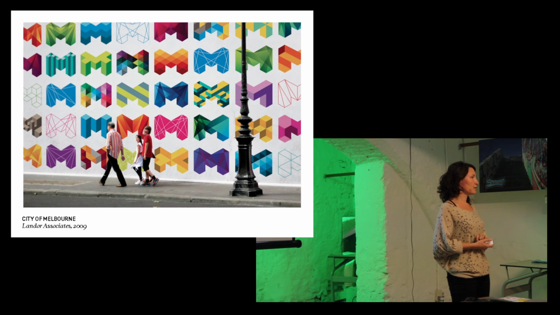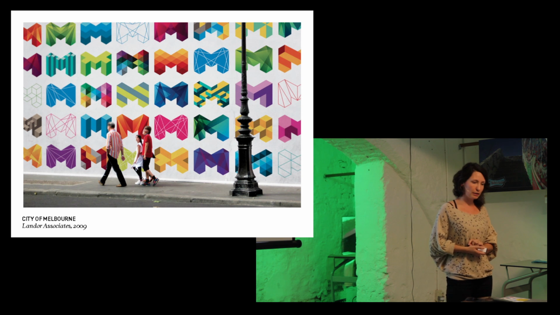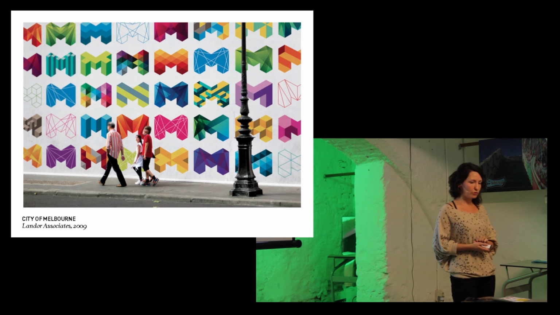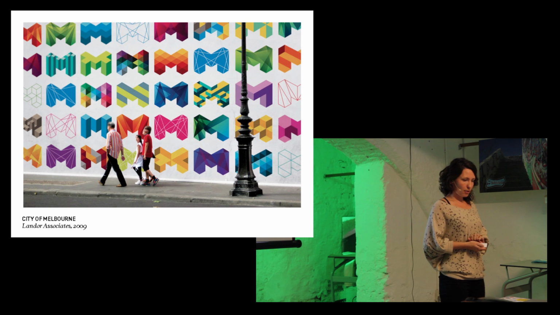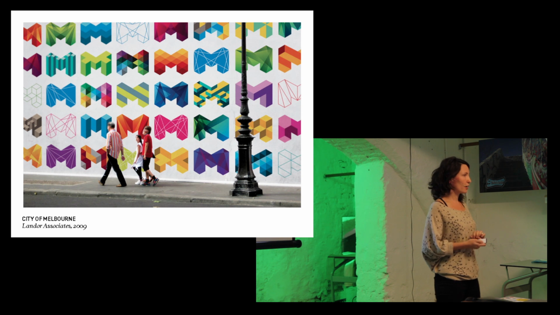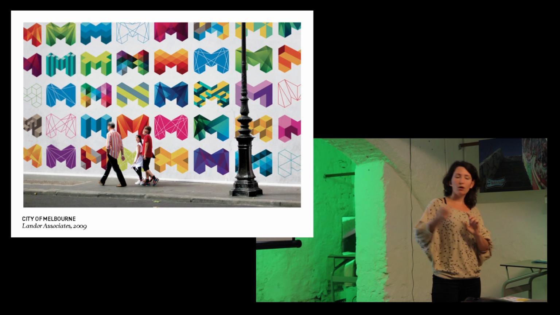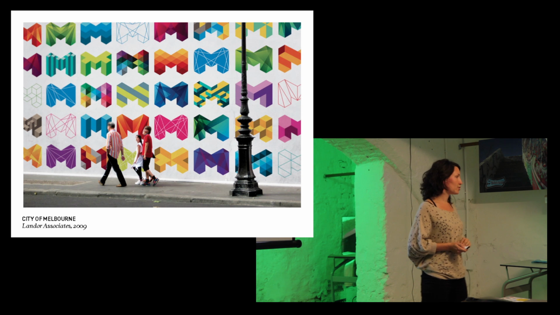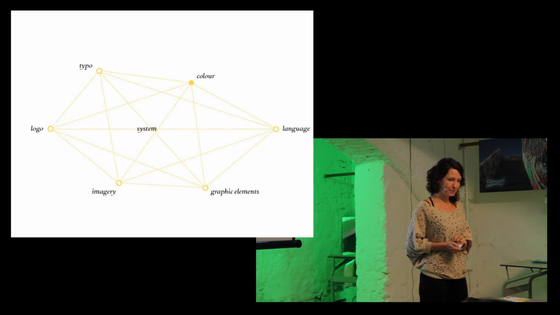City of Melbourne does it in the same way, but not only plays with color, it also plays with graphic elements. So it opened up 2 components already. Yet having the iconic M that stays very recognizable, with all its iterations, it's able to show the diversity of the city of Melbourne.